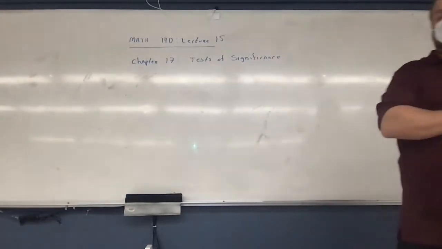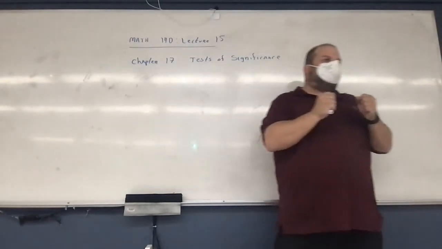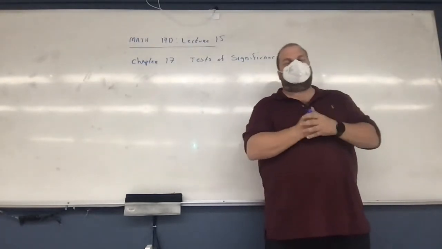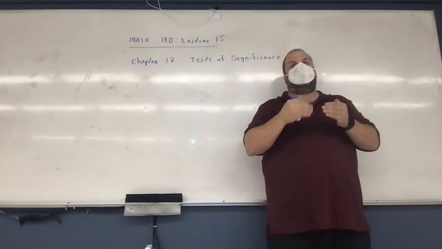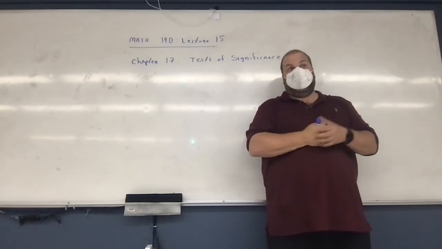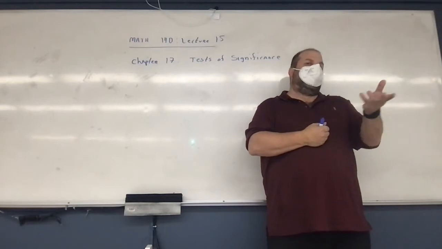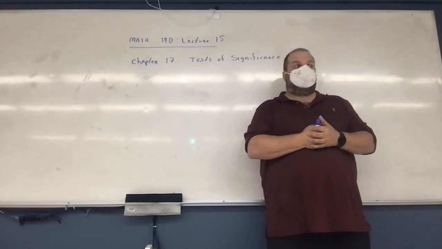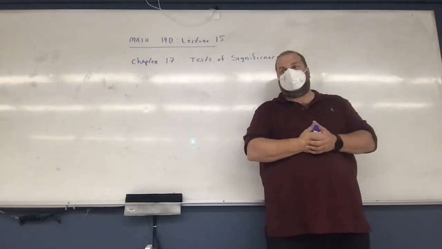So what exactly is a test of significance? In a test of significance, there is a value for the parameter that up until that point has been believed to be valid. For example, if I give you a coin and I say, hey, I really don't think this coin is fair, I'm going to test it to see whether it's fair or not.